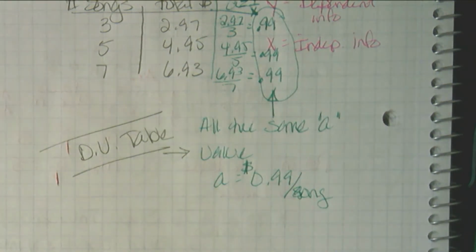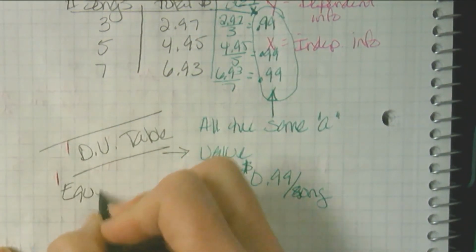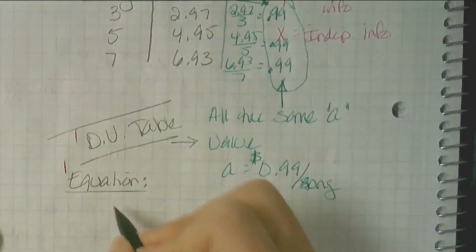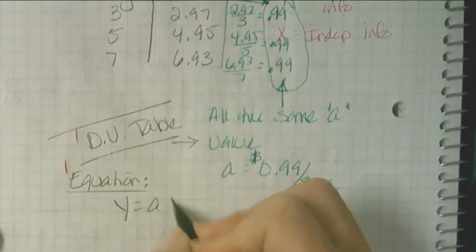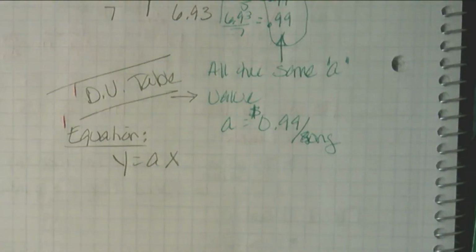So what would be the equation for this table? Remember, Y is equal to A times X. What would be the equation for this table? Carmen?